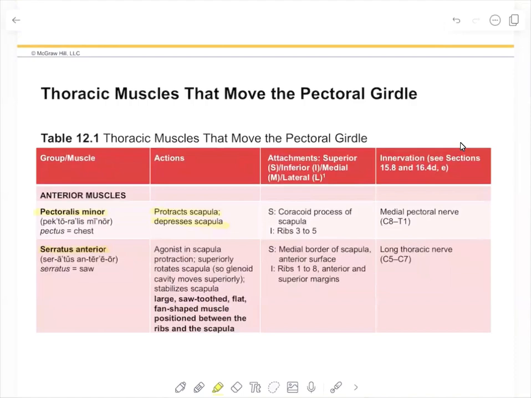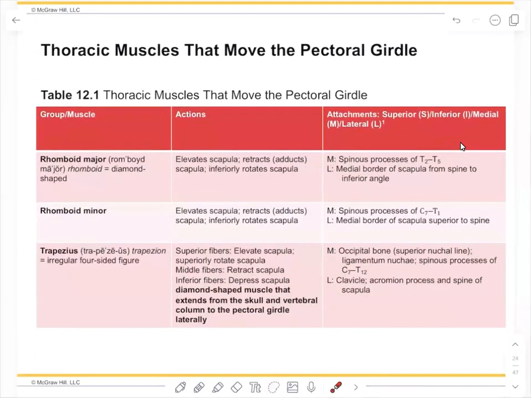It's an agonist to scapula protraction, so it works alongside the pectoralis minor. The top part of it is going to rotate the scapula, but it's a large, saw-toothed, flat, fan-shaped muscle that's positioned specifically between the ribs and the scapula. And again, the attachments and the innervations you can ignore.